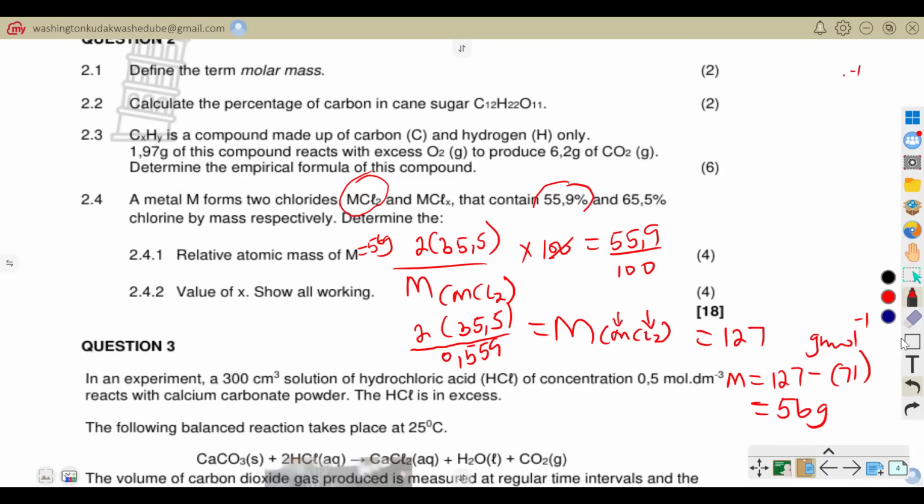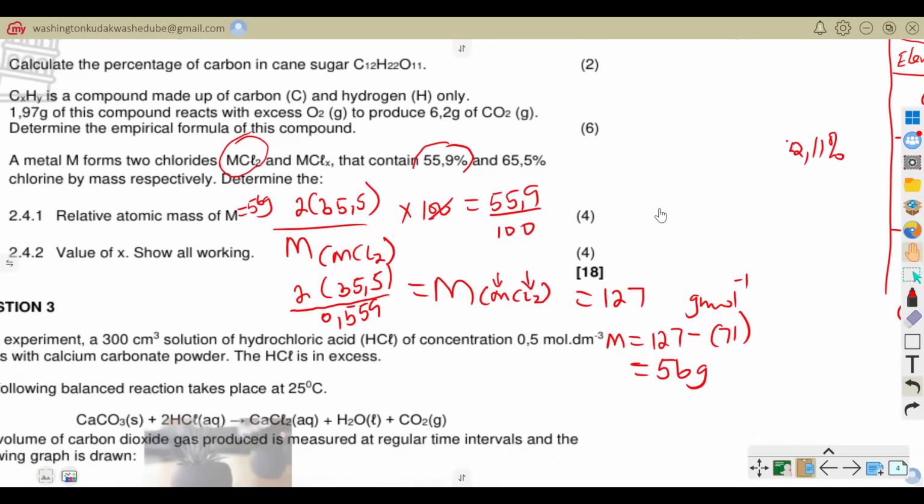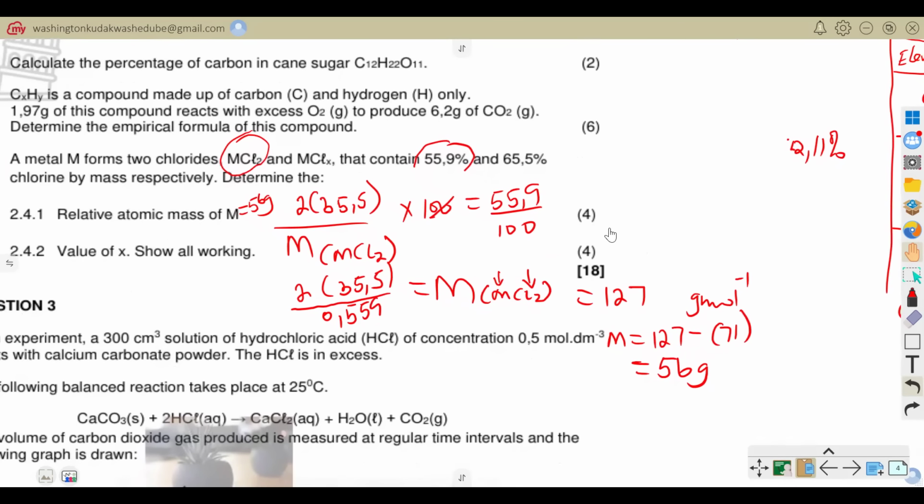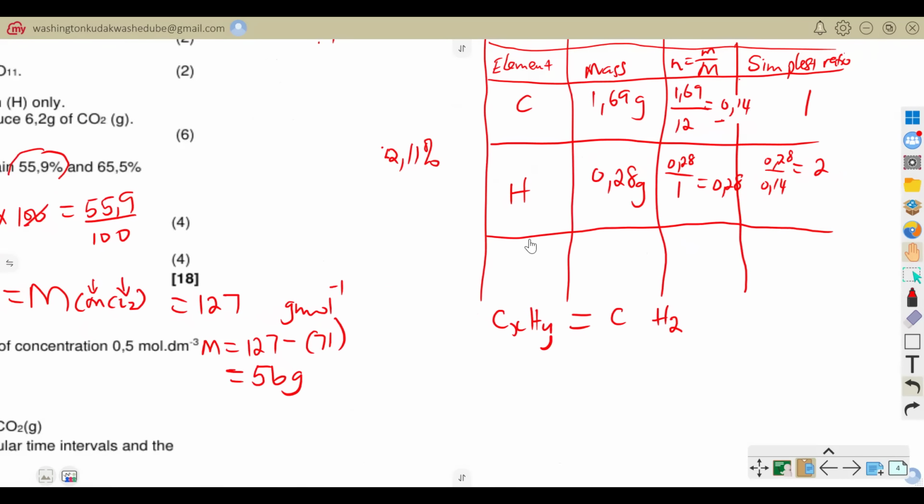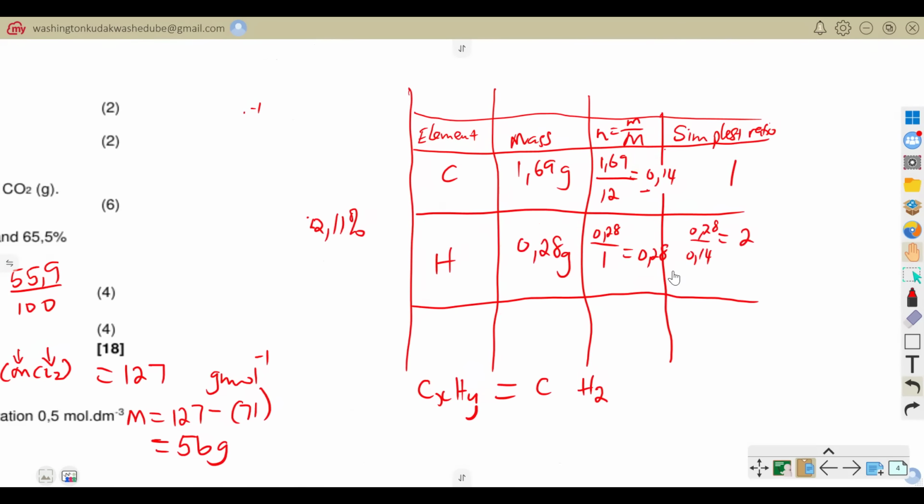So now allow me to move this side. Now I would want to rub everything that I have this side so that I can work.